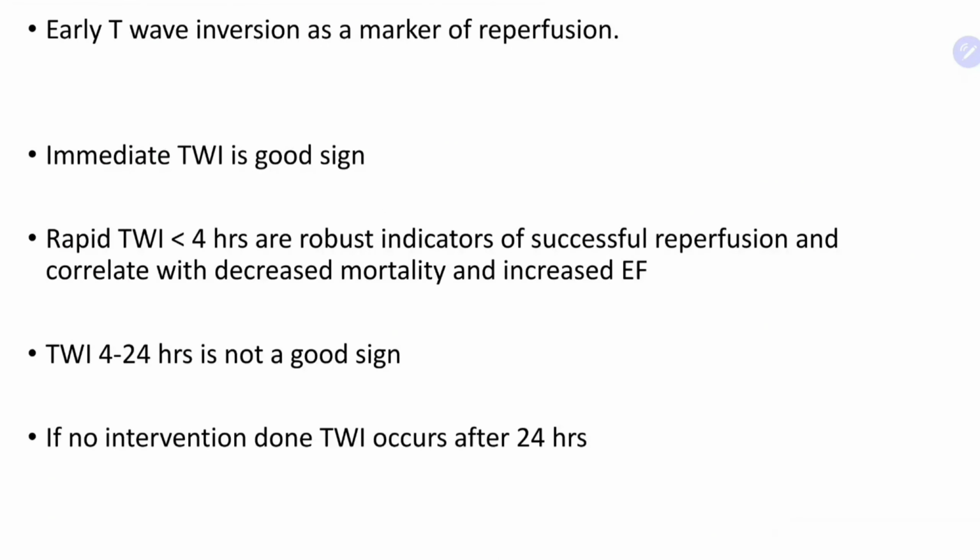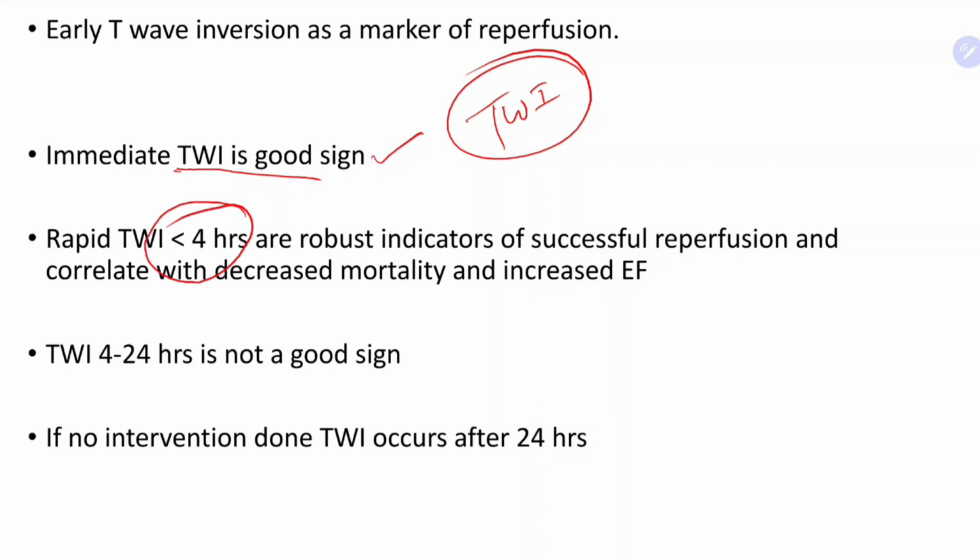Then coming to the next thing, T-wave inversion, and how it is important. Immediate T-wave inversion, that is less than 4 hours, is a very good sign. If you are getting T-wave inversion, it is a very good perfusion. If you are getting it after 4 hours, it is not a good sign.